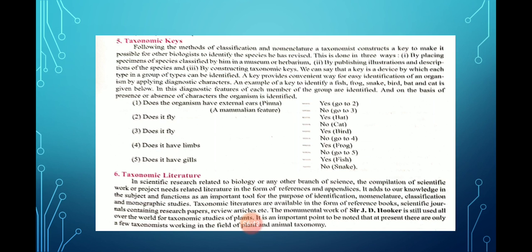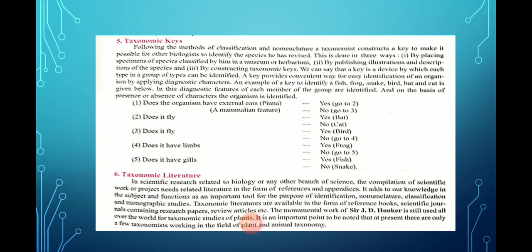For example, whether an organism has an external ear or not. If yes, if it can fly or not. If it does not fly, then it has limbs or not. If yes, then if it has gills or lungs, then if it has gills, then it can be a fish, or if it does not have, it can be a snake.